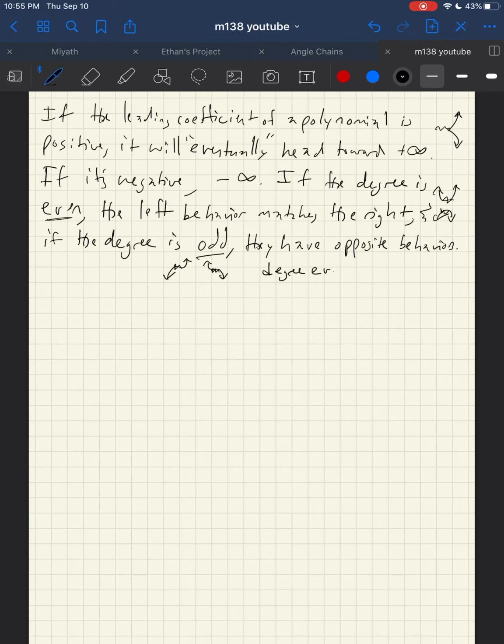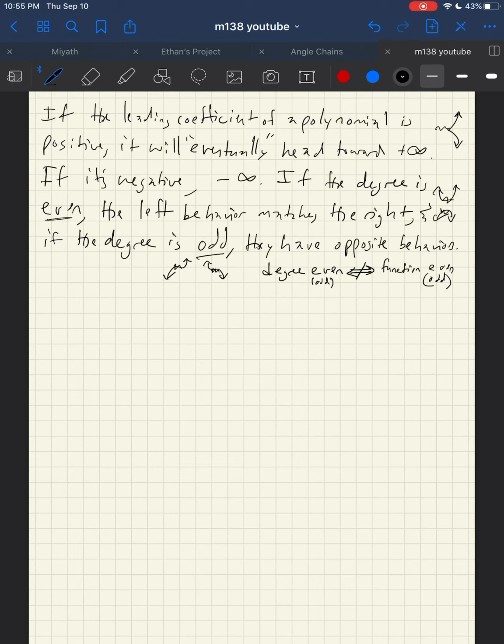Now, the degree being even or odd doesn't necessarily imply that the function is even or odd. If the degree is even, the function could be even. But just because the degree is even doesn't make the function even.